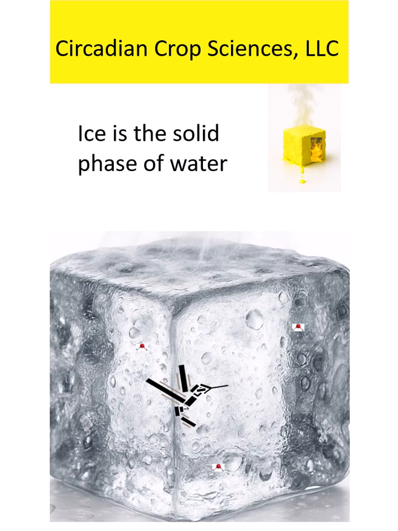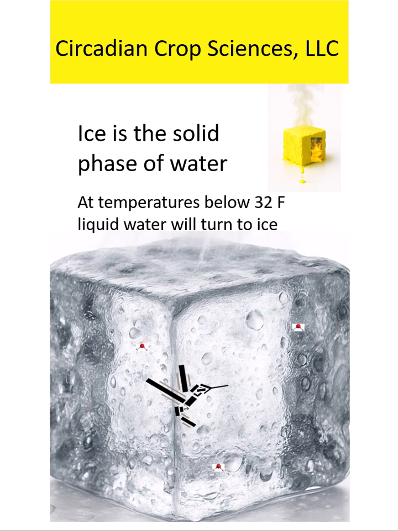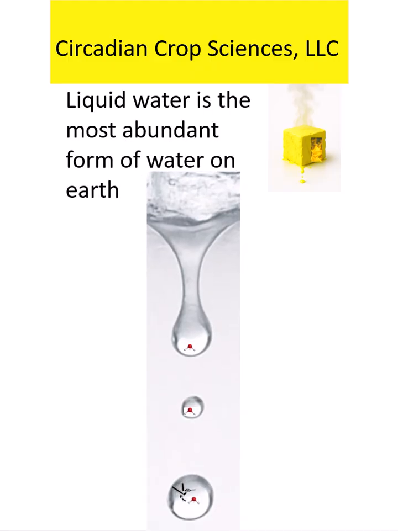Ice is the solid phase of water. At temperatures below 32 degrees Fahrenheit, liquid water will turn to ice. Liquid water is the most abundant form of water on Earth.